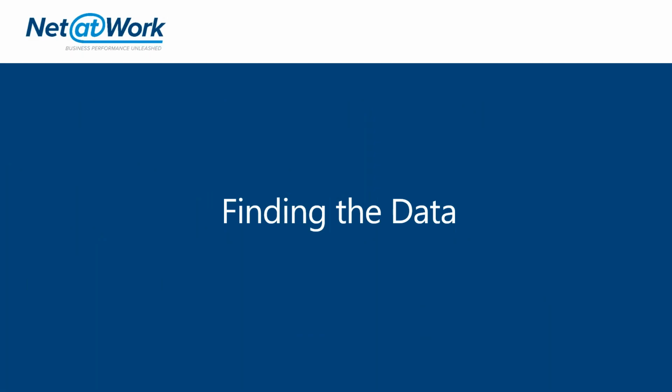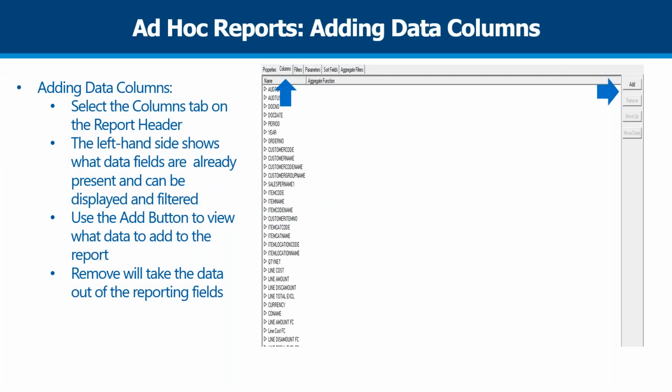I can. All right. So finding the data is one of the most important things in your intelligence reporting. When you actually open your intelligence report and start to select your reports, you'll notice that there's a number of header columns when you highlight them.